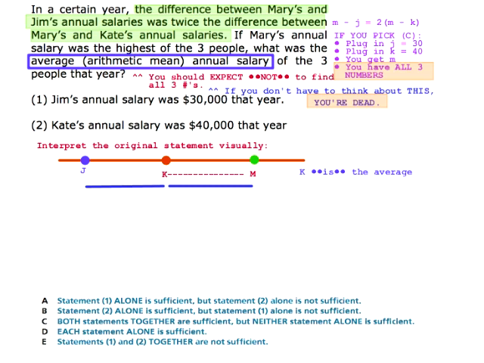And then, all right, so you're bringing everything over to one side.